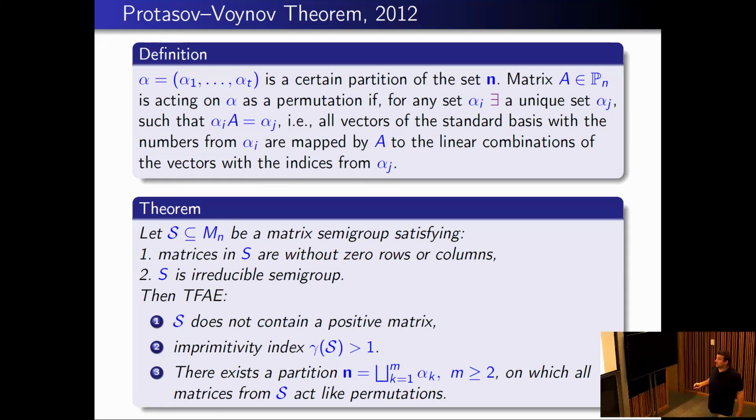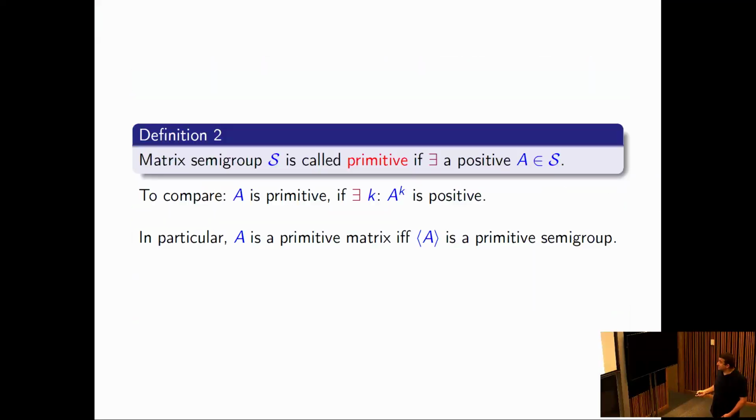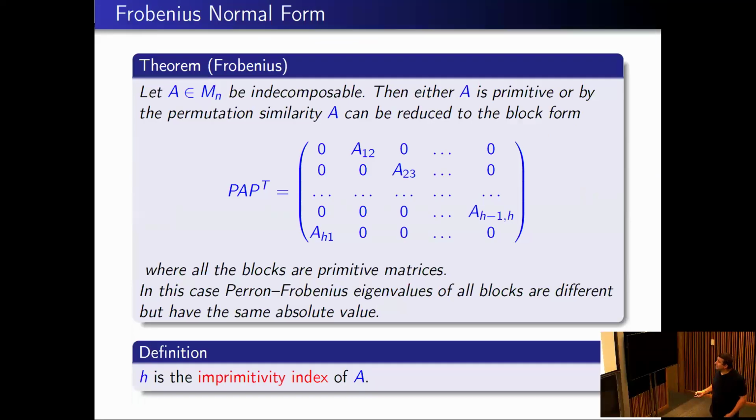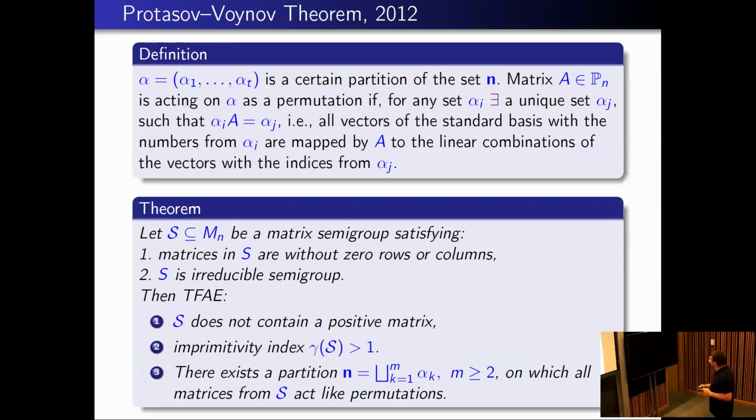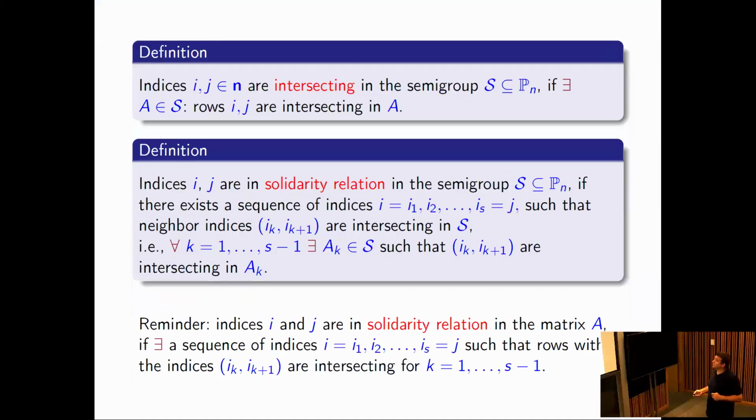First, it does not contain a positive matrix. Second, the primitivity index is greater than 1. And remember this block type structure. So when I say partition, I am saying that operators could be reduced to a certain homogeneous-like form. For lack of time, I will not go into the details here.